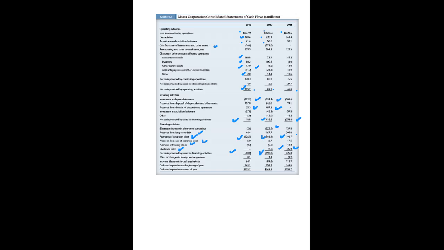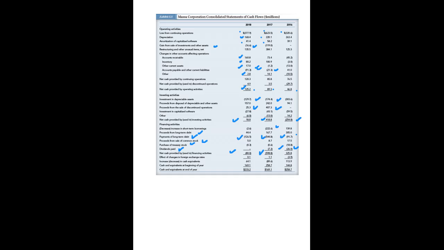While the uses of cash include the adjustment of the losses or the gains on sales of assets, also the payments of the current liabilities are the uses of the cash in the operating activity section. So these are the major differences between the cash flow from operating activities and the net income.